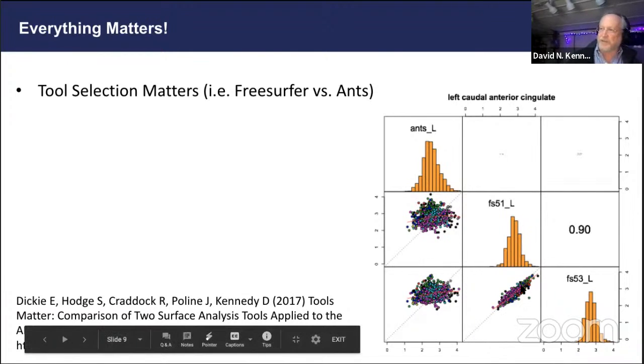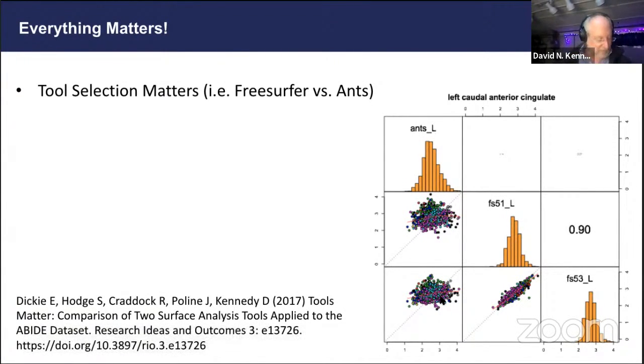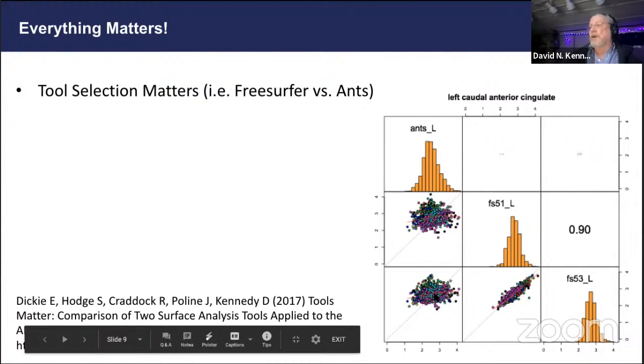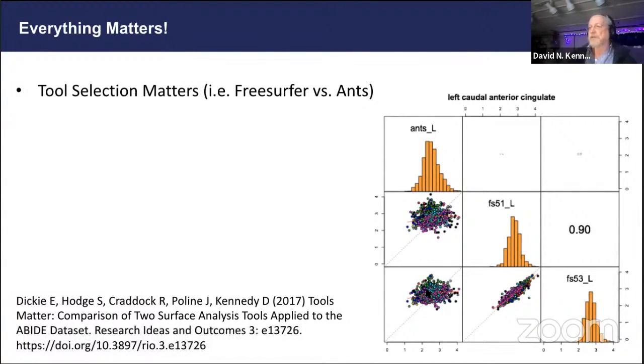So they didn't do anything in version 5.3 to muck up the measurements relative to what they were doing in 5.1. On the other hand, the two FreeSurfer measures relative to the ANTS measures, while statistically significantly correlated, are not correlated at an exceedingly high fidelity. So while statistically correlated, these really are not exceedingly well representative of the same data.